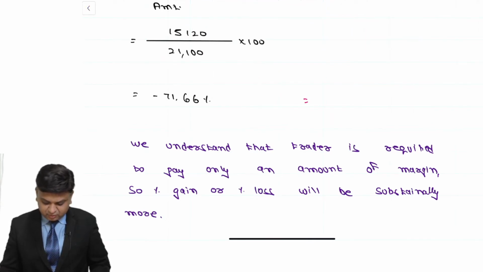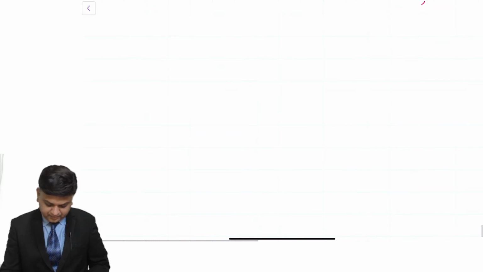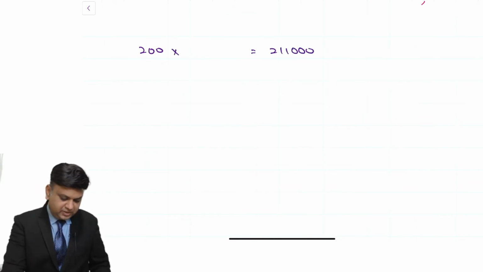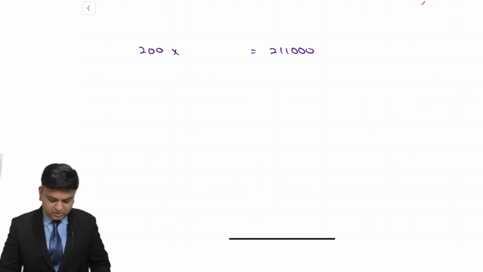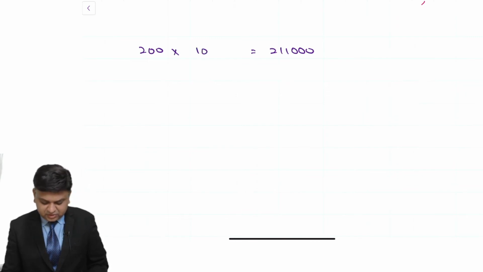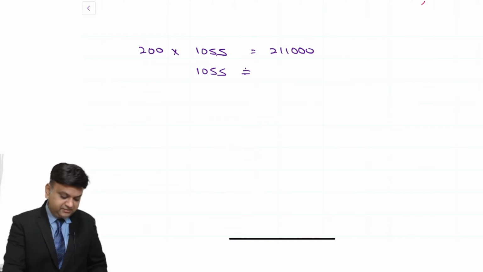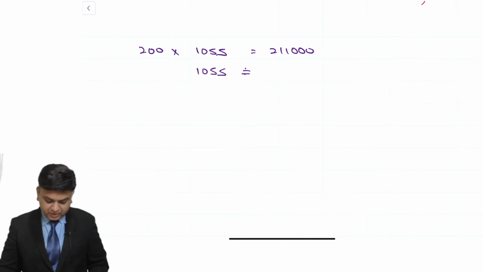I will just explain that to you. Spot price of the security is 200. You make an investment of 2,11,000. So 2,11,000 divided by 200, you made investment in 1055 shares. You are having the same 1055 shares when the price reduces. 200 minus 7%, so it reduces to 186.